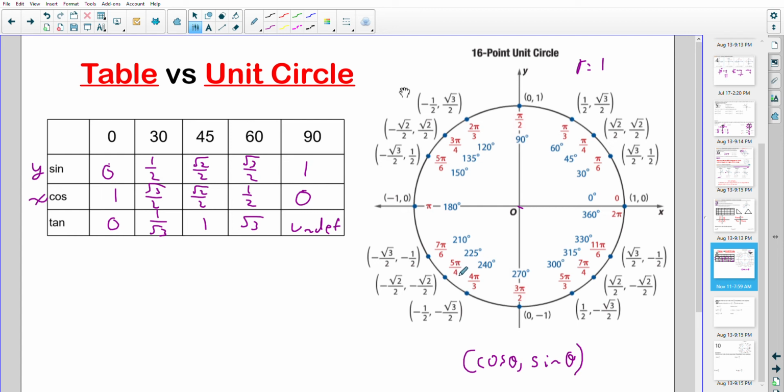Tangent of 5 pi over 4 is my y over my x, which is equal to 1. Cosecant of 5 pi over 6: cosecant is the reciprocal of sine. The sine is 1/2, so the reciprocal is 2. Cosecant of 150 is 2.